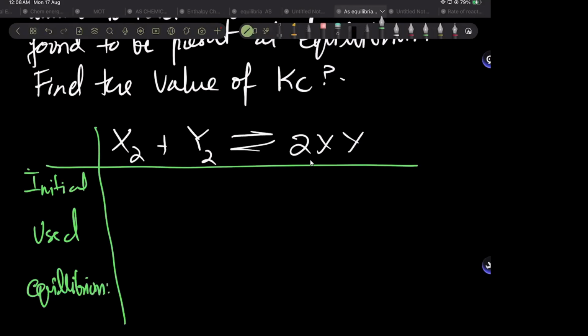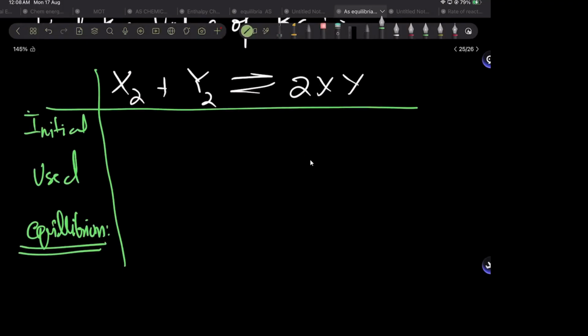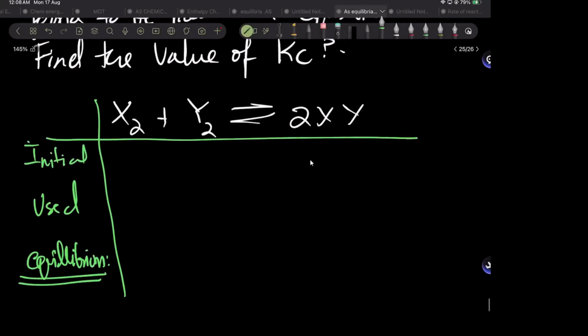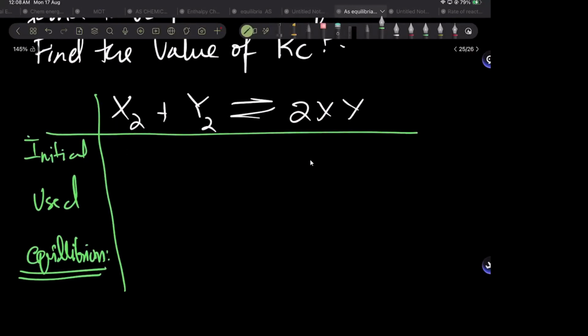What I'm interested in is the equilibrium moles. Those are going to help me find out the Kc value, because in the Kc expression, you need to insert the equilibrium moles. I'm going to change one thing over here, and that would be, in the end, I'll change the volume so that we know what to do when the volume is different.